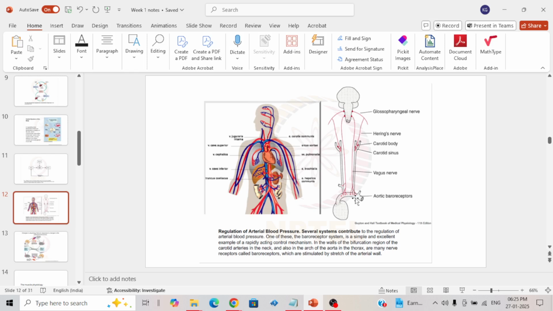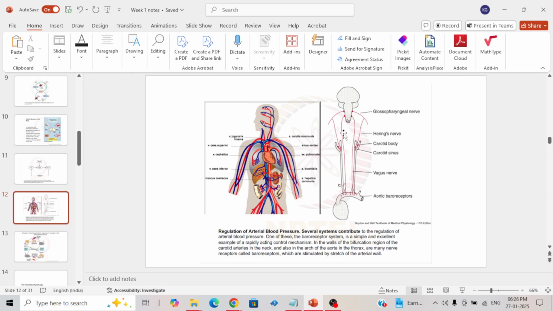So these nerve endings are actually what? These are baroreceptors. Baroreceptors are what? These are the receptors which can sense the change in pressure. Okay, so these nerve endings are actually baroreceptors. So when they observe some kind of change in pressure, they send that signal to the medulla oblongata, or we can say CNS.